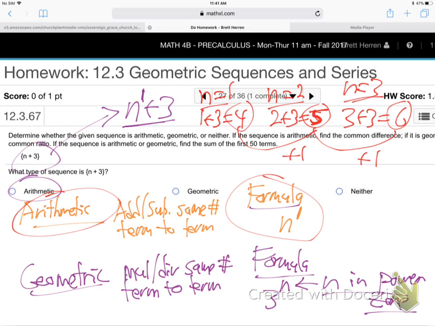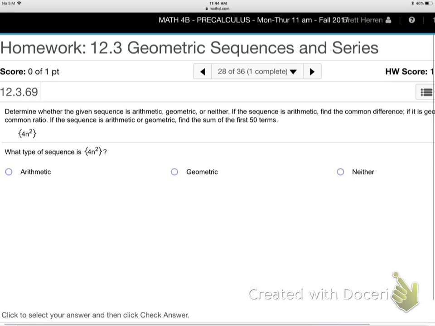Then the other part is they say if it is arithmetic, find the sum of the first 50 terms. So that would be the S sub n formula. We did that before, right? I want to show you the new stuff. Okay, so the formula is 4n squared. What do you think? Arithmetic, geometric, neither? Neither. Right? What were the rules? Let's go back.